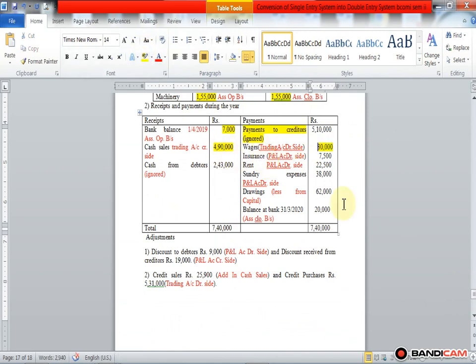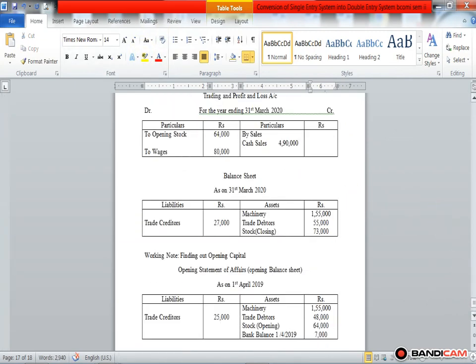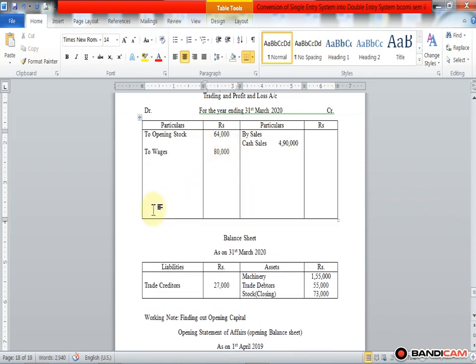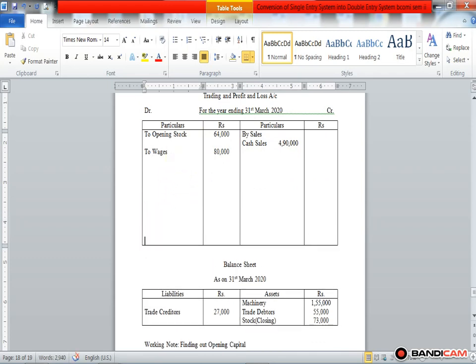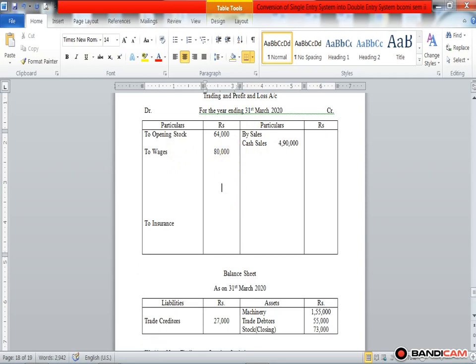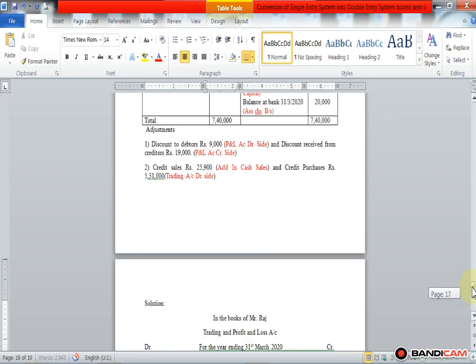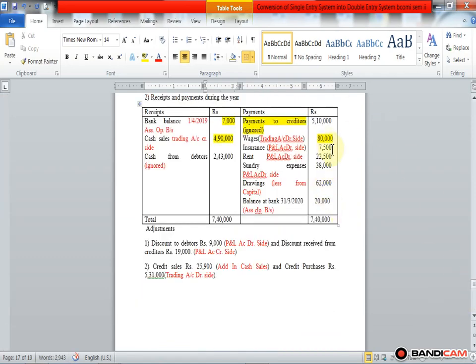Then insurance is transferred to the debit side of the profit and loss account. To insurance amounted to rupees 7,500. Then we post the insurance to the profit and loss account debit side.